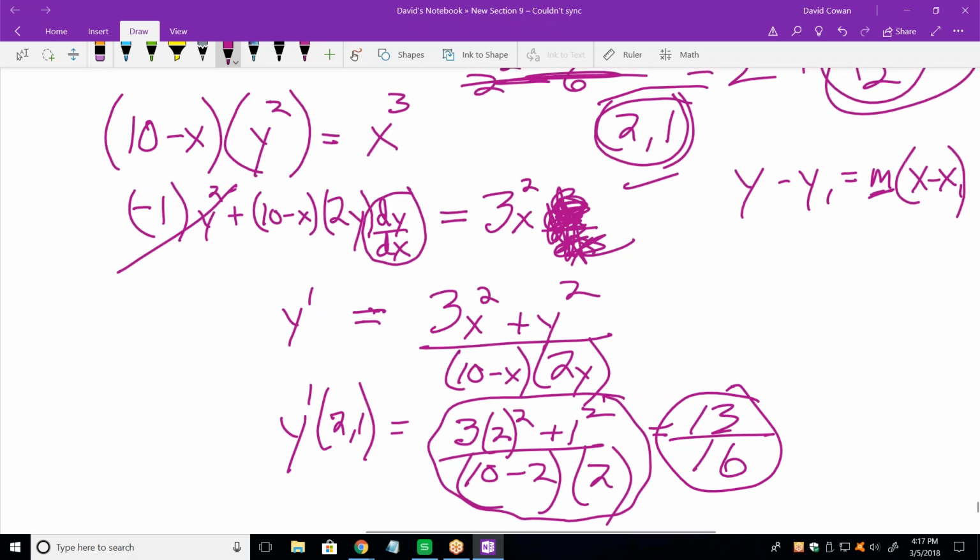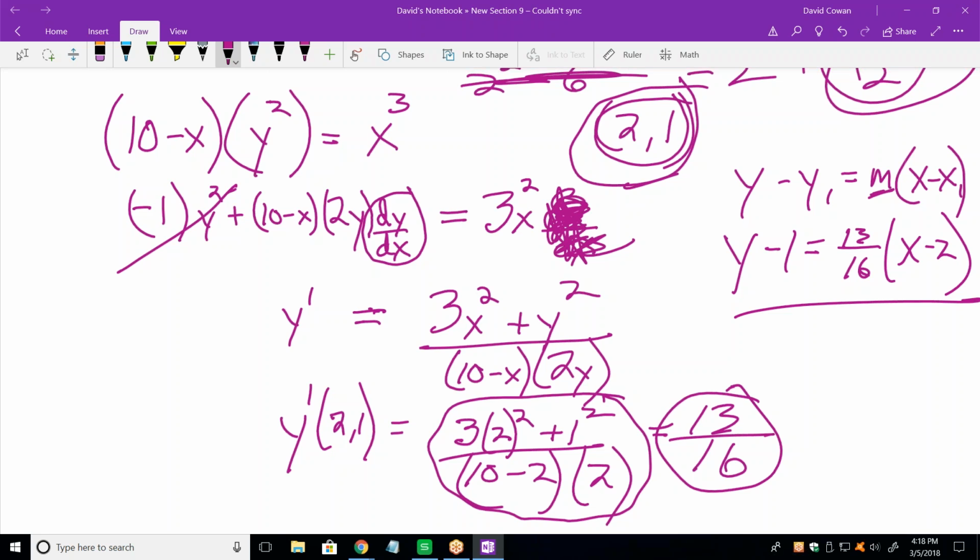There's our point. Let's come up with the equation of the tangent line. So that'd be y minus 1 equals 13 over 16 times x minus 2. And that's the final answer. In other words, you don't ever have to put it into y equals mx plus b format.